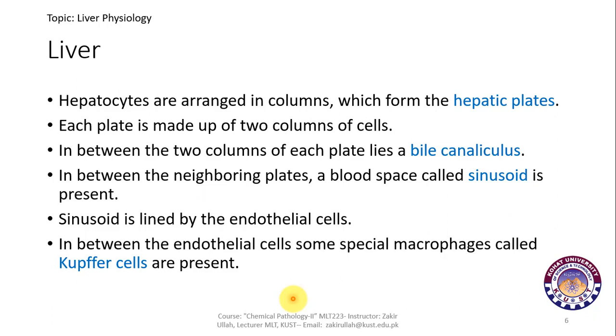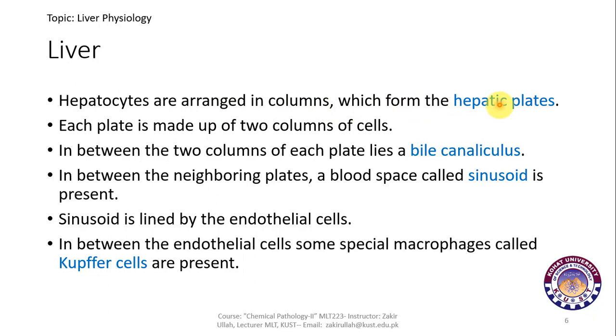Now, the internal structure of the liver. The hepatocytes, which are the cells of the liver, are arranged in a column form, and this column form is called the hepatic plate.